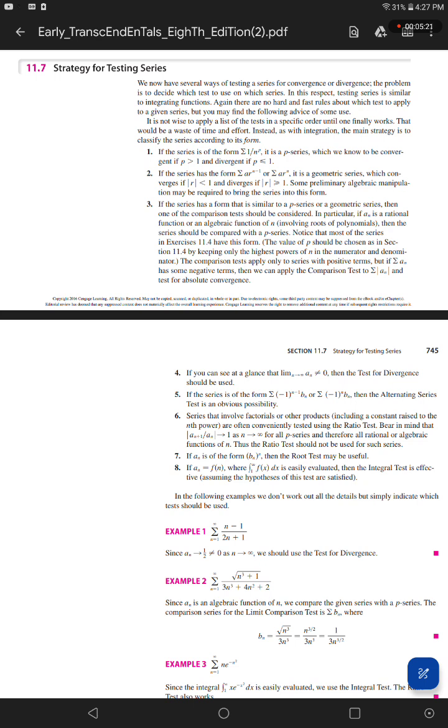Number 7. If a sub n is of the form b sub n to the power n, then the root test may be useful. Number 8.